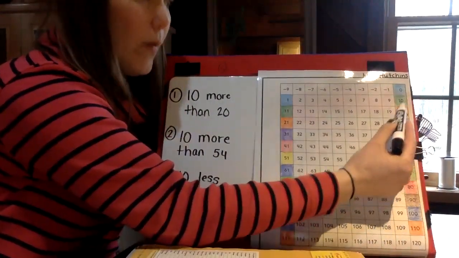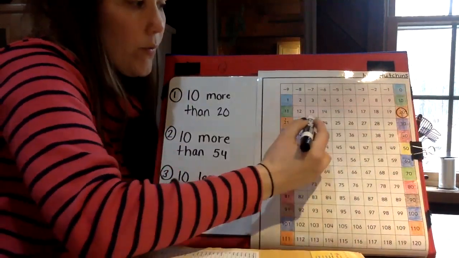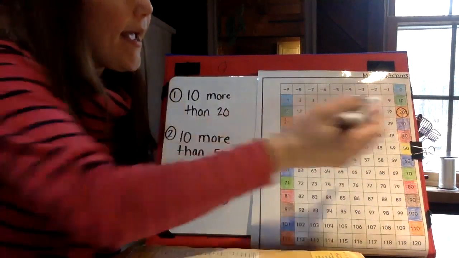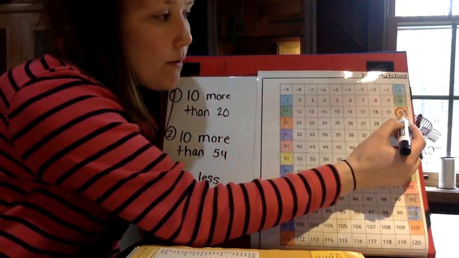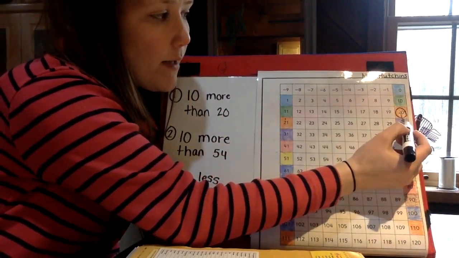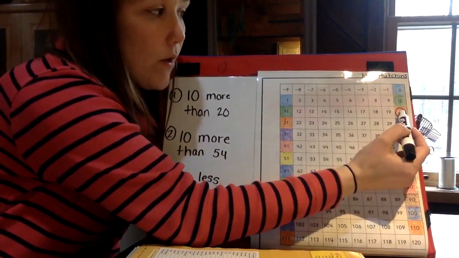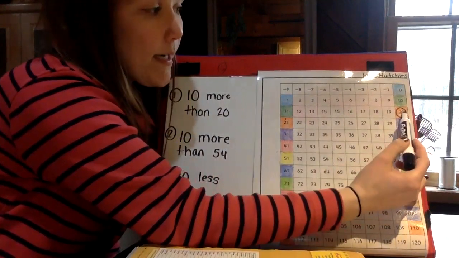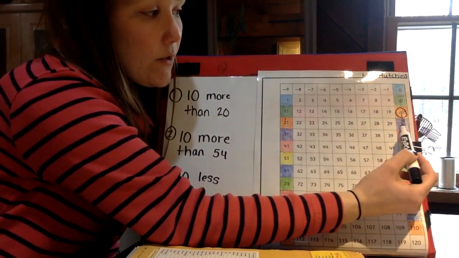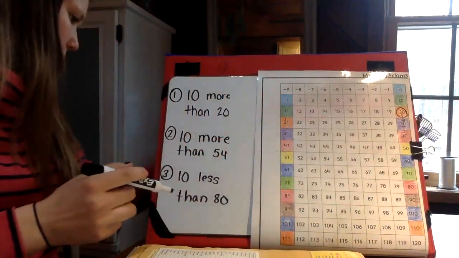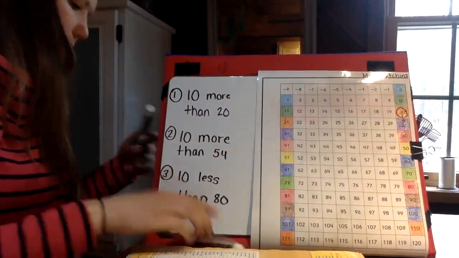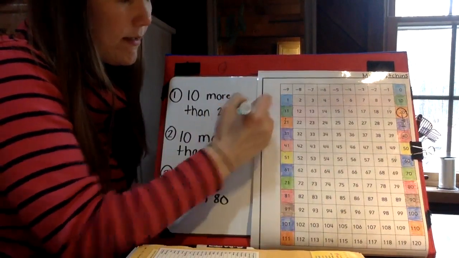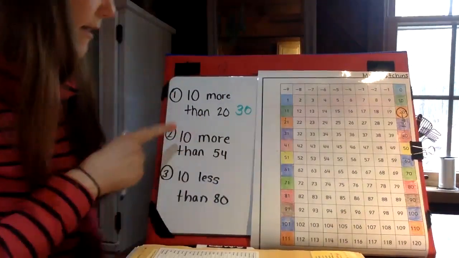I could go 1, 2, 3, 4, 5, but there's a faster way. There's a shortcut, and that shortcut is to go down 1 row, and that's adding 10. So plus 10, plus 10, plus 10, plus 10. If I start at 20 and I add 10, it gets me to 30. What is 10 more than 20? The answer is 30.